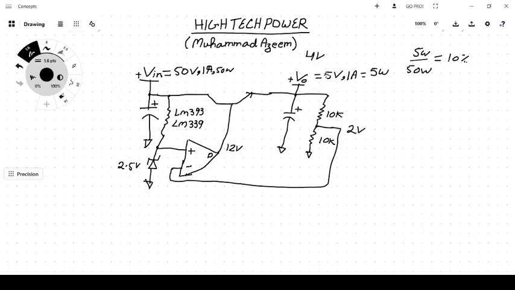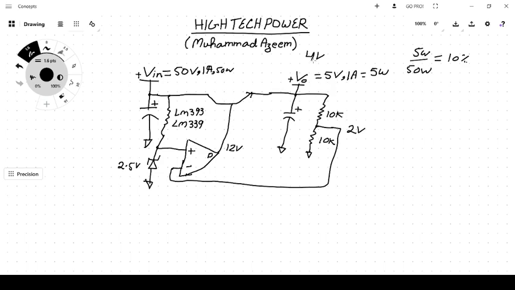So in this way, you can see the series pass element would switch frequently at much higher frequency due to rapid action.